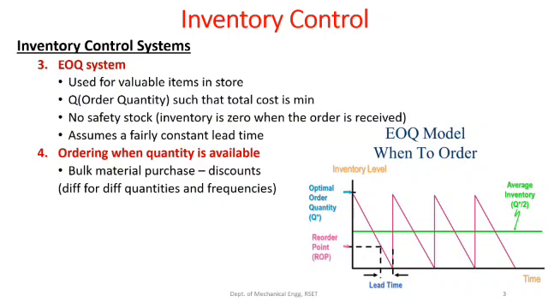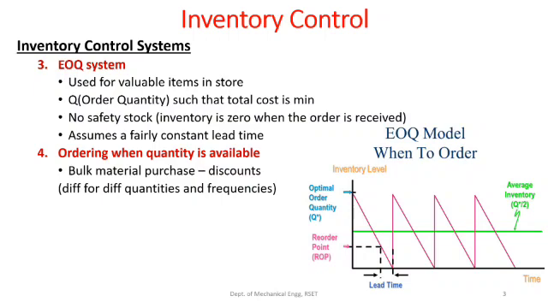This system does not allow for a safety stock, and the inventory hits zero when the order is received. When you place a reorder, it is placed at such a point that by the time the inventory level touches zero, the reorder that has been placed is received.